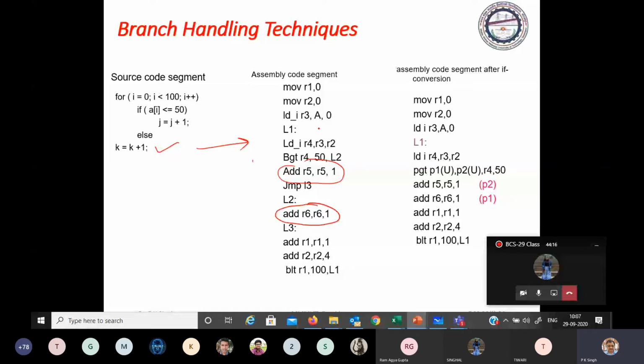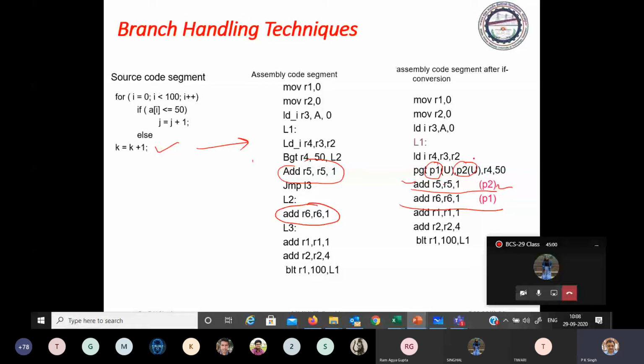We just compute the predicate, this P1, accordingly it can be true or not true, and associate it with the instruction that is to be executed. If P1 is true, then this instruction will be executed, otherwise it will be considered as no op. And this will execute when P2 is true, and this will execute when P1 is true.